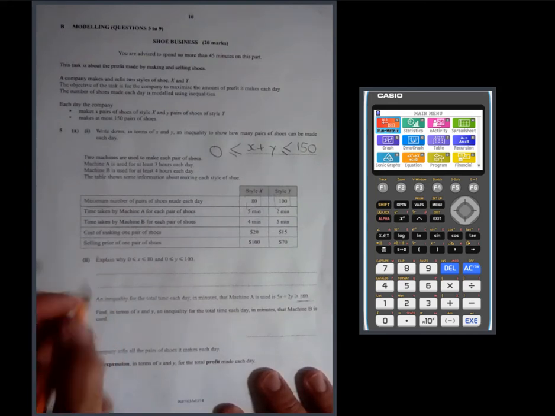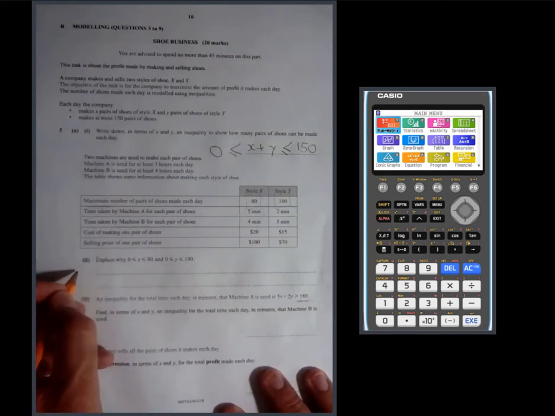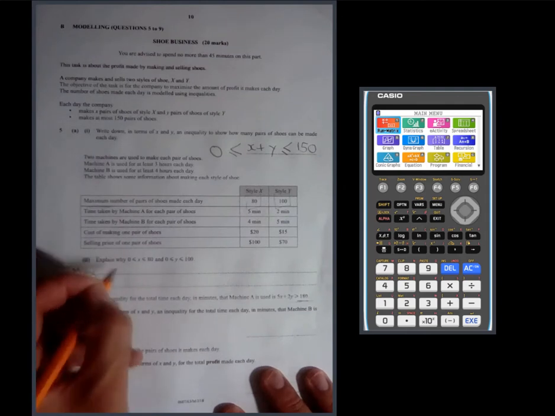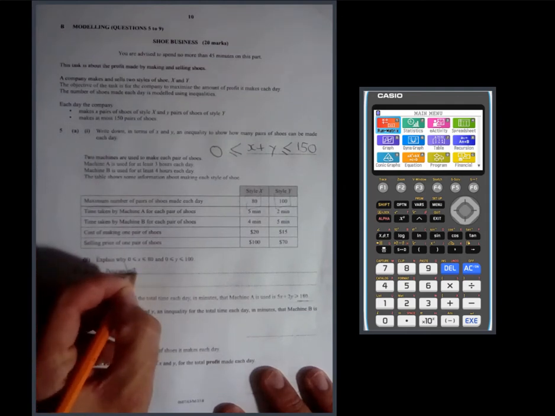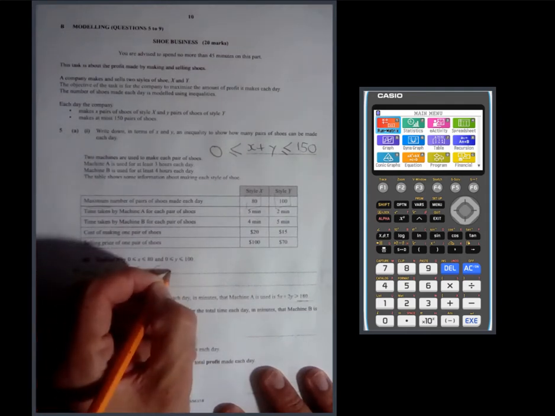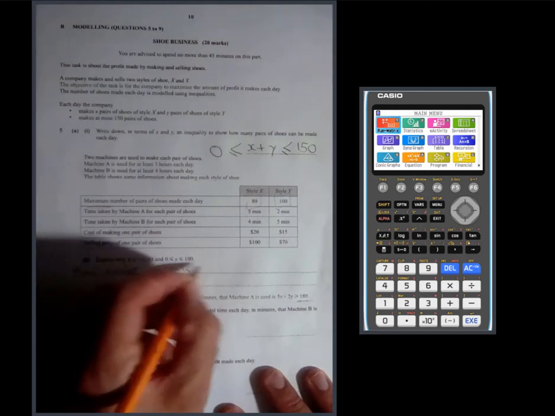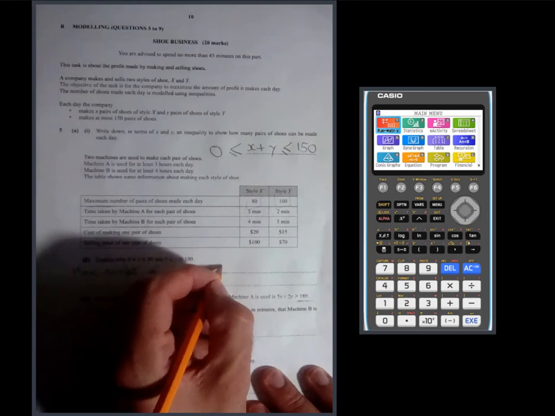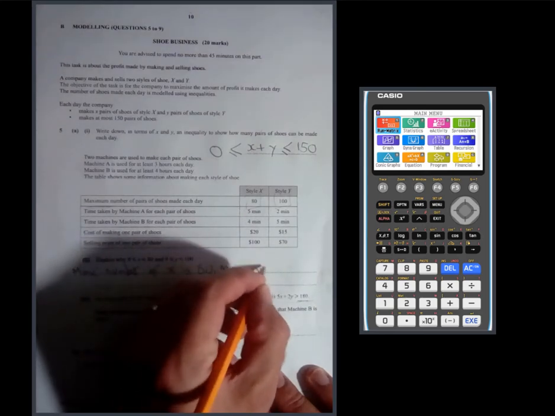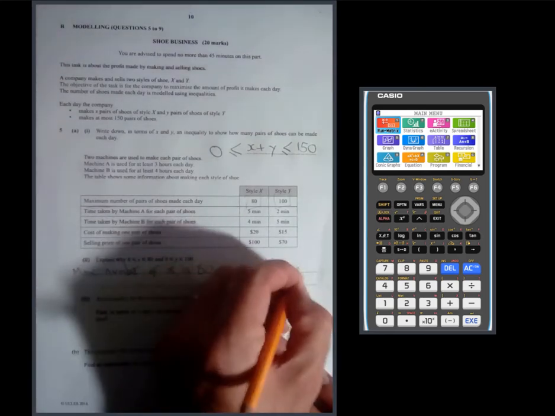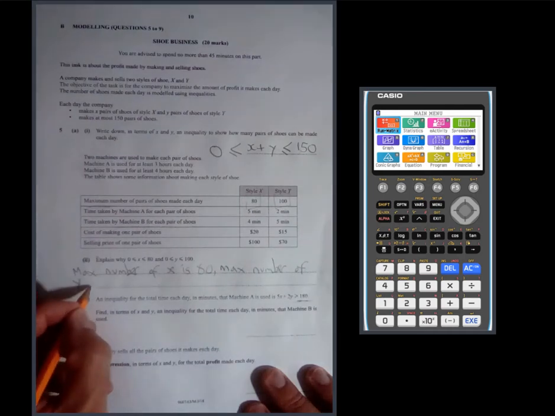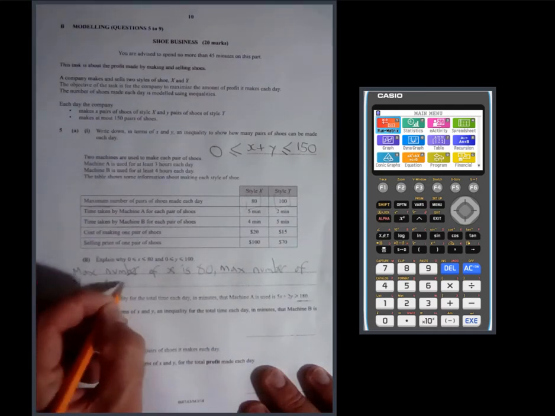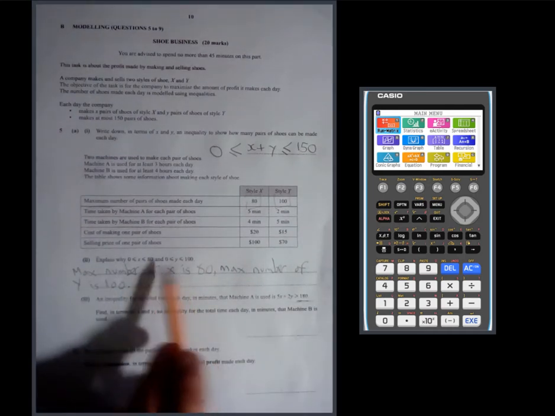So we are going to write: max number of X is 80. It doesn't give you a lot of room for this. It is a bit unfair. Max number of Y is 100. So that's where the 80 and 100 come from.